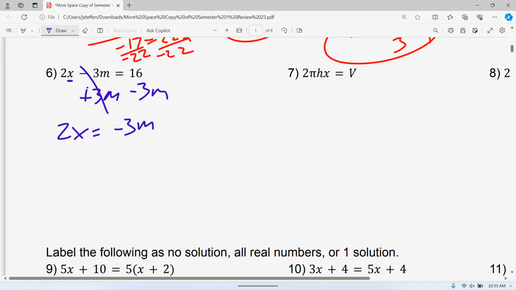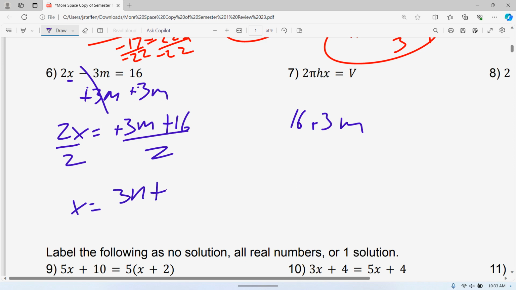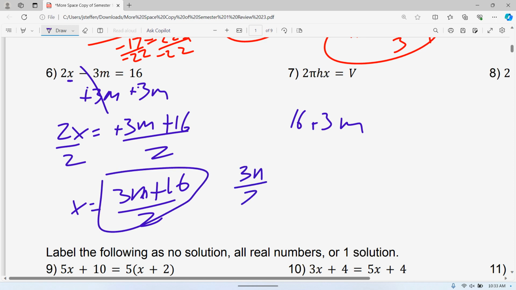You can do m plus 16, or you could do, if I were you, that's how I would leave it. 3m plus 16 over 2. 3m over 2, 3 over 2, or 3m over 2 plus 8.